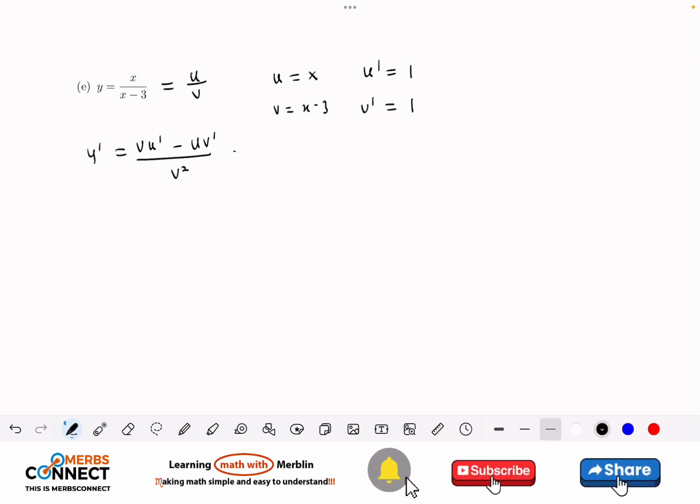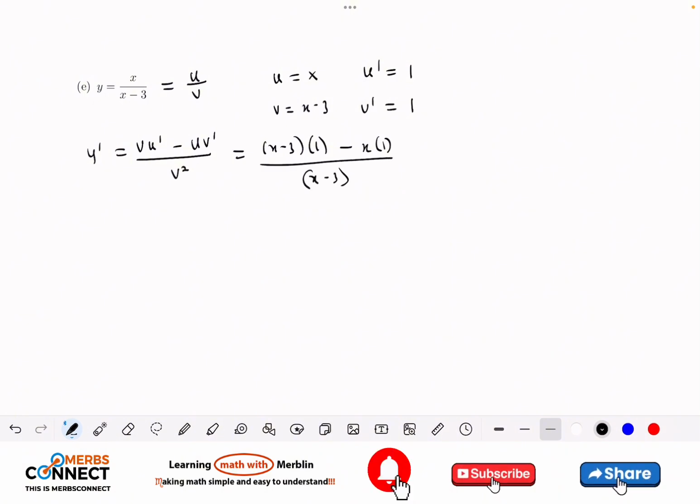So let's do substitution. We are going to have v is x minus 3, u prime is 1, minus u is x, and v prime is also 1, divided by v squared. So let's simplify.